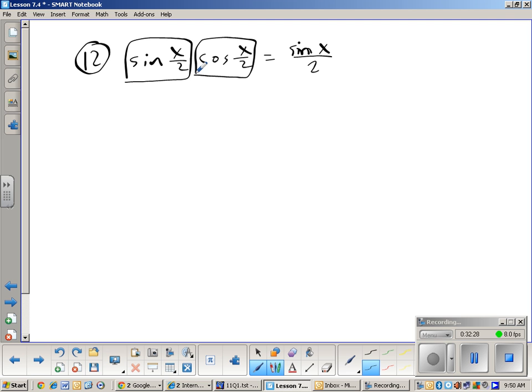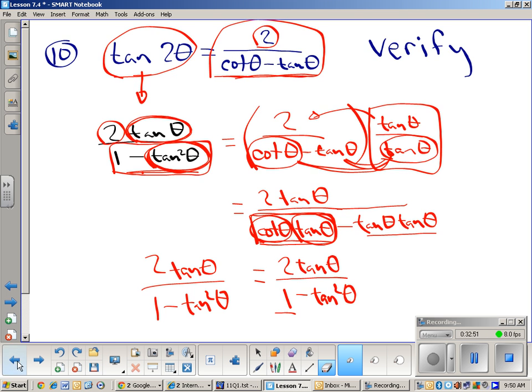At this point, I have no idea where it's going to take me. I literally don't. I do not see the connection all the way to the end yet. All I see is that this is a half angle identity. So I'm going to write it down. Half angle identity. Oops, that's a square root, isn't it? Half angle identity. Let me back up.